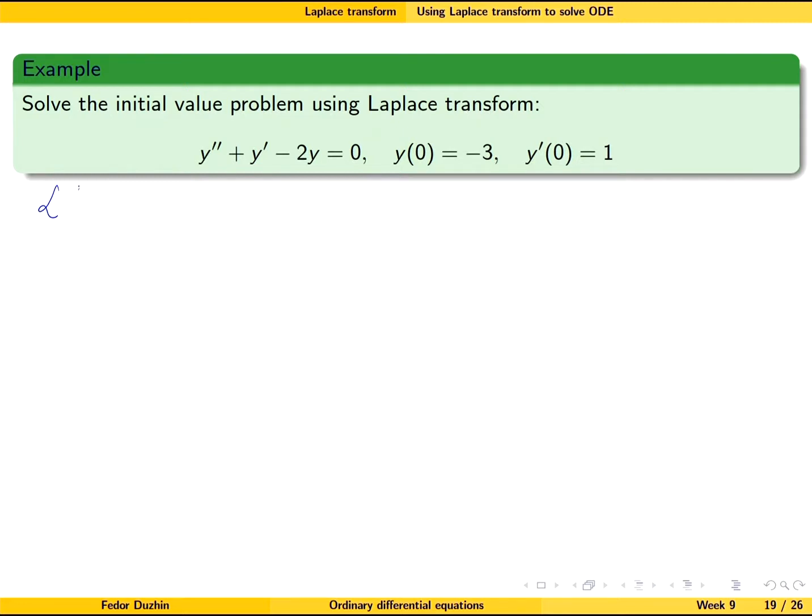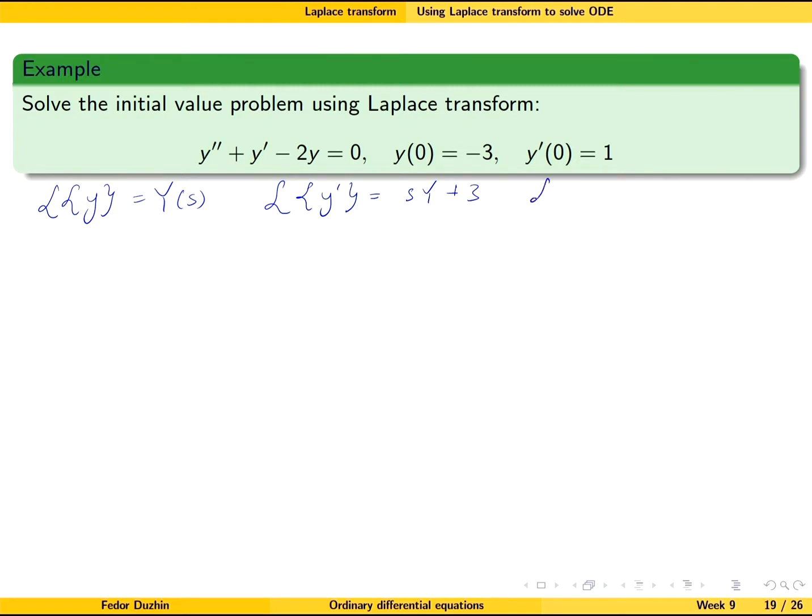So let the Laplace transform of the unknown function y be Y capital of s. Then by the property that we just saw, the Laplace transform of the derivative is sY minus y of 0, and y of 0 is 3, so plus 3.